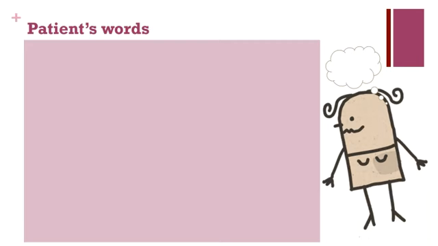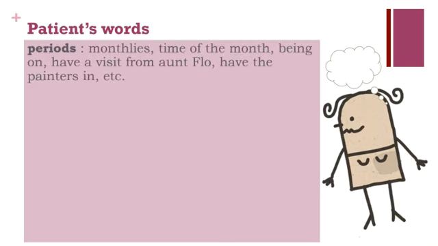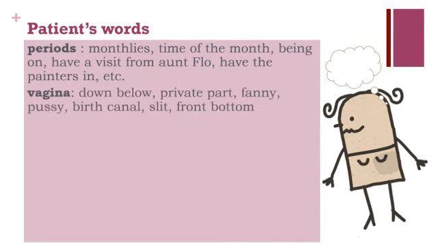There are many ways of talking about periods. Patients might use the words monthlies, time of the month, being on, have a visit from Aunt Flo, have the painters in, etc. To refer to her vagina, a patient may use the expressions down below, private part, fanny, pussy, birth canal, slit from bottom.